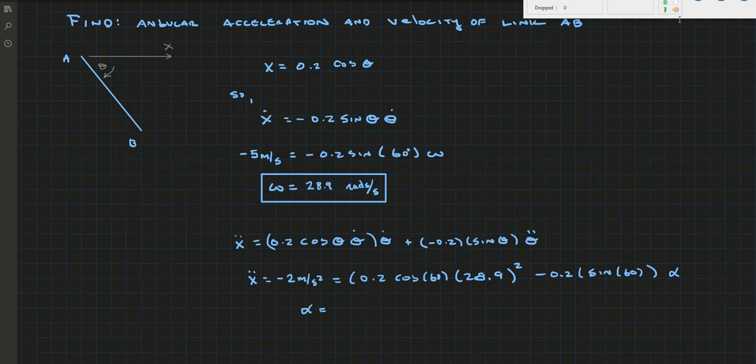And that equals minus 470 rad per second squared. So essentially that's going to be 470 rad per second squared in this direction, which is opposite theta. Notice that our omega actually is in this direction. So we are accelerating in the opposite direction of our angular velocity.